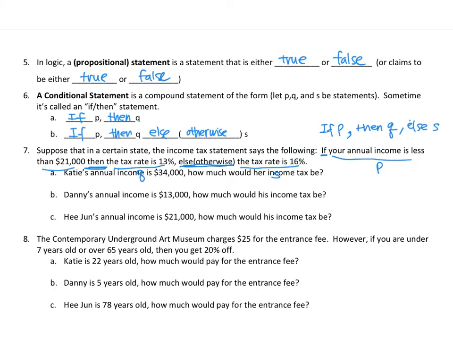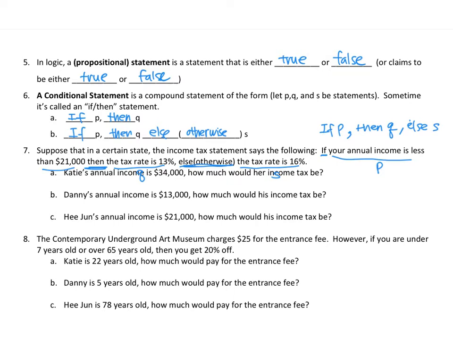So this is the structure of the sentence. All right, so Katie's annual income is 34,000. The if part says if it is less than 21, so Katie makes more money, so Katie makes the P statement false. That means Q is not going to happen. S is going to happen, right?